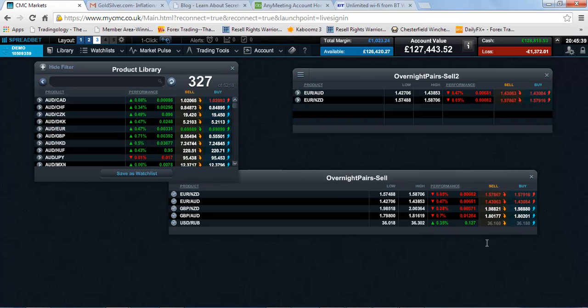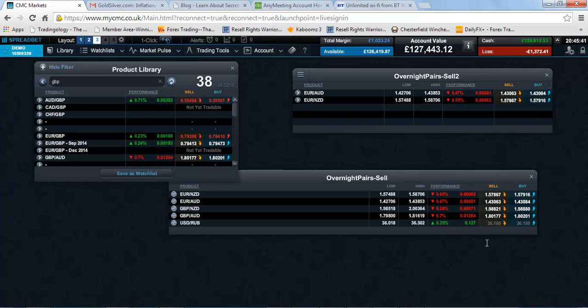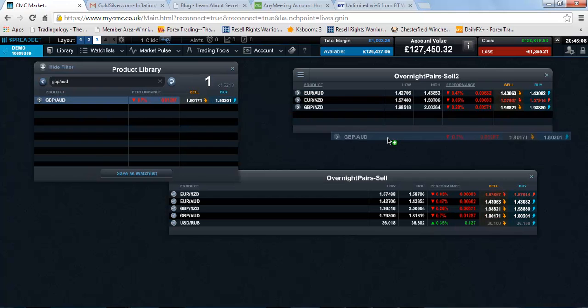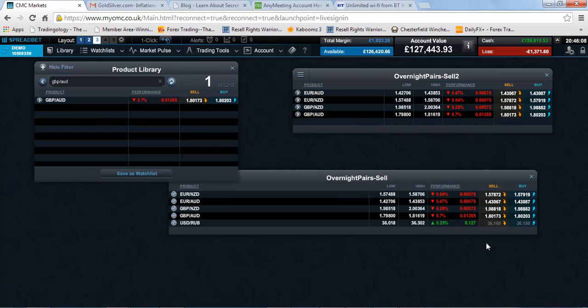The other one is Great British Pound, New Zealand dollar. That one too, we pick and then we drop at overnight pairs. And the other one is Great British Pound, Australian dollar. The same way, you take it and bring it to your overnight pairs.